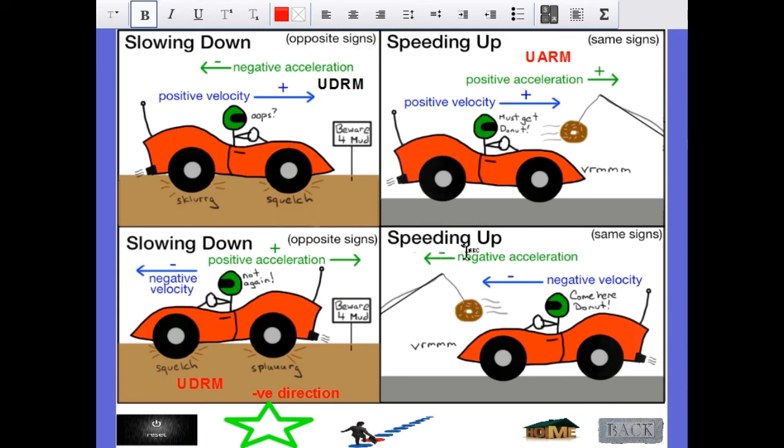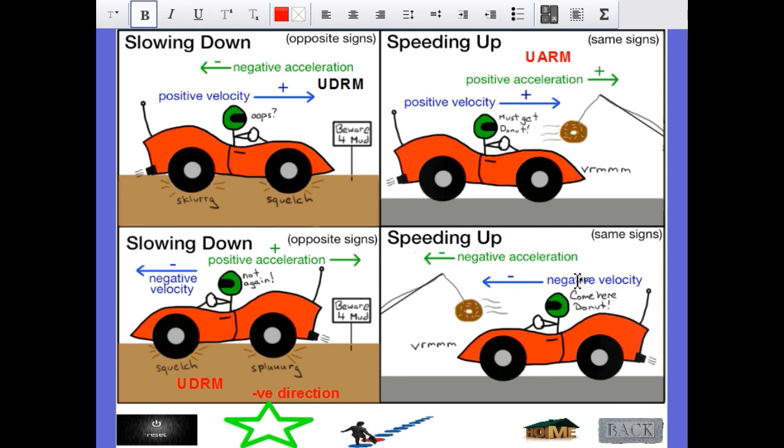Last picture, speeding up. It starts speeding up, still in the same direction in the negative sense, velocity in the negative sense, to the left, the car moving to the left, and we are taking the positive sense to the right. For that, the velocity is negative. The acceleration is negative. So the acceleration and the velocity have the same sense, same direction. A dot V, minus times minus, is positive.